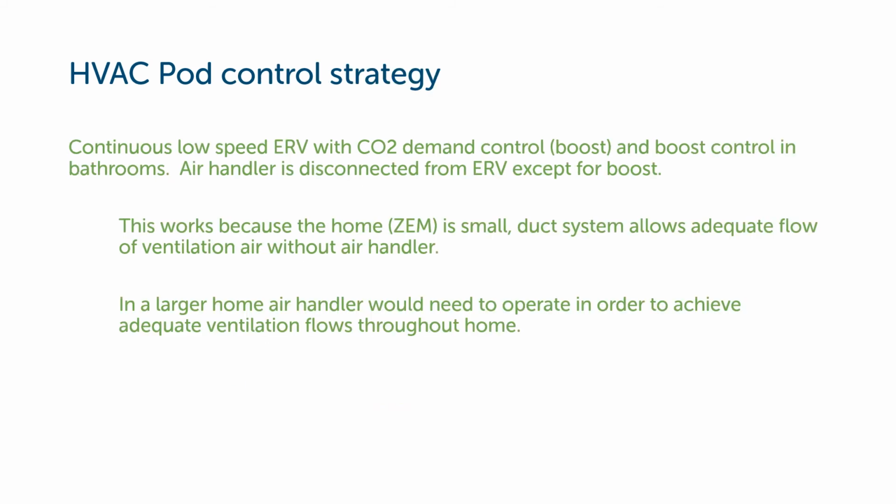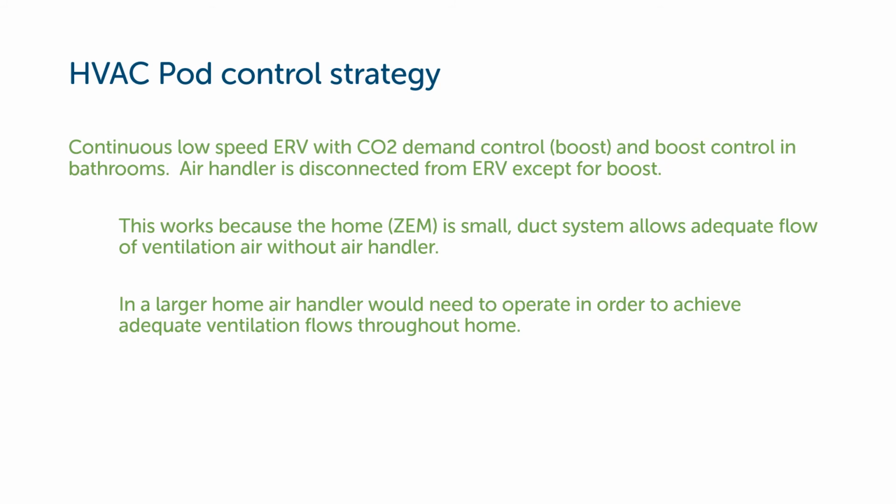A little bit about the HVAC pod control strategy. Again, the ERV runs on continuous low speed with a CO2 demand control boost. So there's a CO2 sensor that tells it when the CO2 levels in the house are too high, and it goes into boost mode where it runs until it brings the CO2 levels back down below the set point.